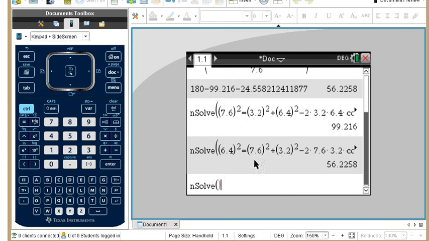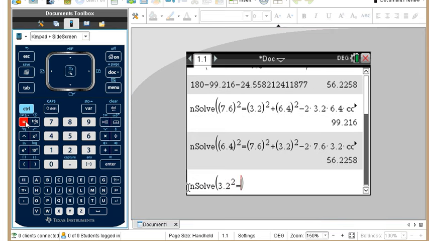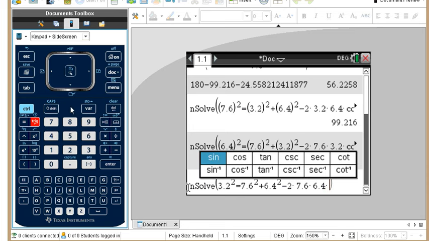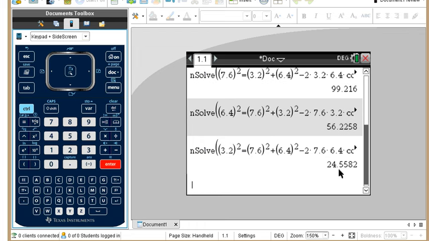We have 3.2 squared equals 7.6 squared plus 6.4 squared minus 2 times 7.6 times 6.4 times cosine A. We can put in comma A. And there we have our final angle, 24.558 degrees.